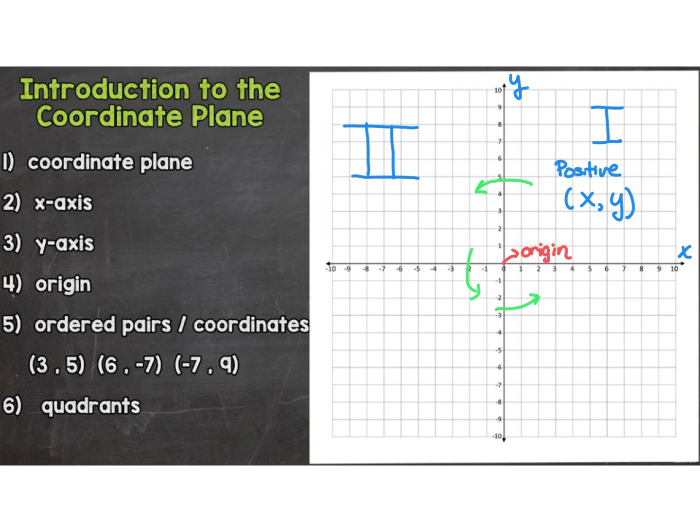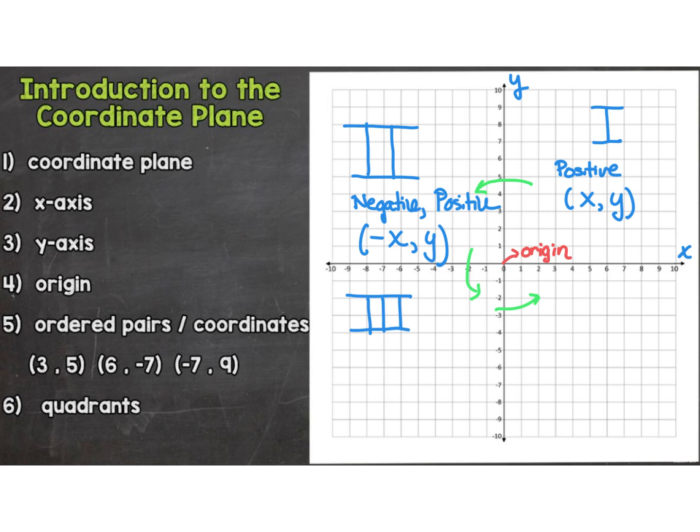So what we have in quadrant 2 is negative X and positive Y. That looks like this, negative X, comma, Y. You can see that the values on the X line are negative, but the values in the Y line are positive.